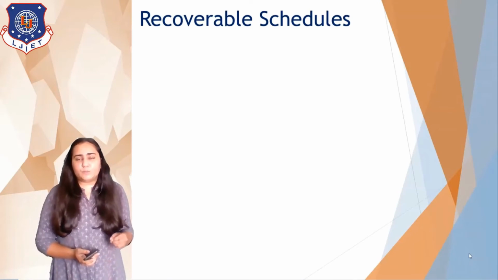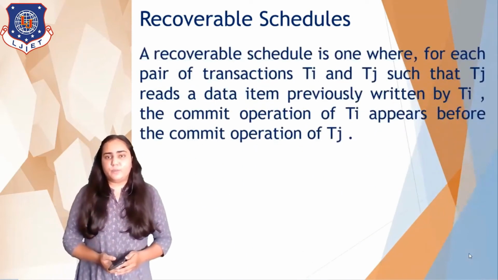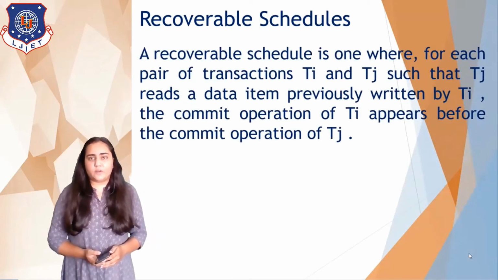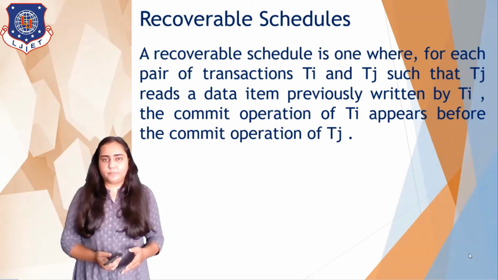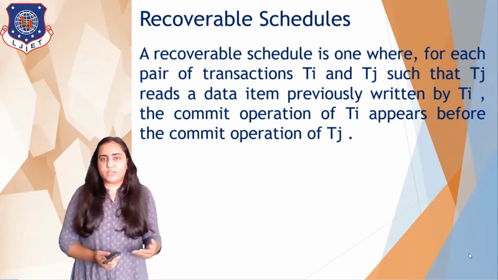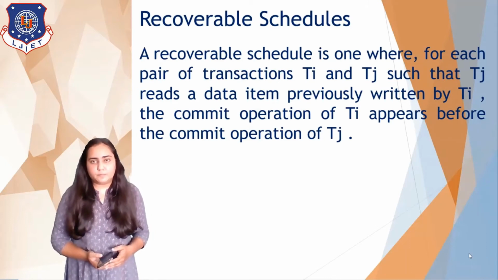In this, I'm going to begin with, first of all, the definition. A recoverable schedule is one where for each pair of transactions Ti and Tj, such that Tj reads a data item previously written by Ti, the commit operation of Ti appears before the commit operation of Tj.